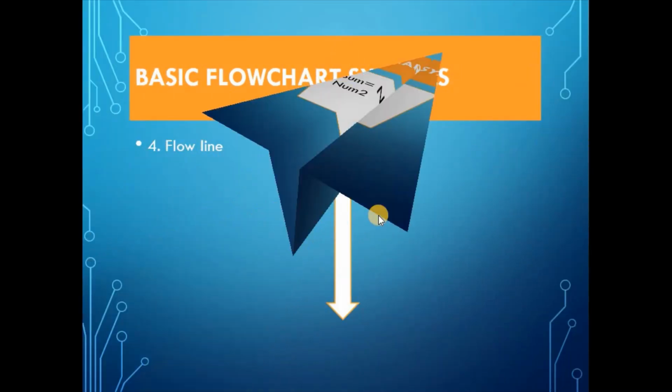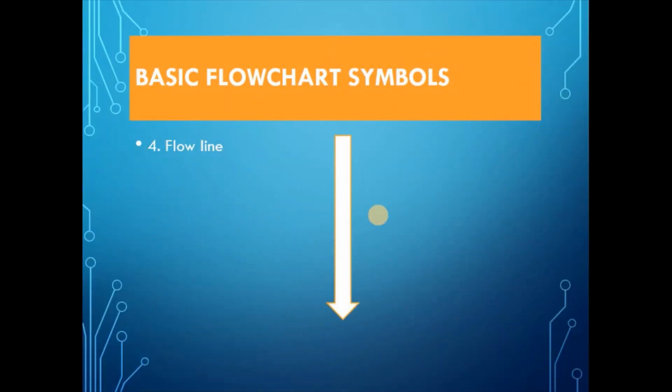And then our fourth symbol is the use of a flow line, and the flow line is normally used to connect each of the other symbols that we previously identified. So just to recap, the first symbol that we normally have is our terminal, and our terminal can be seen as a start and end. Our second symbol is our input or output operations.